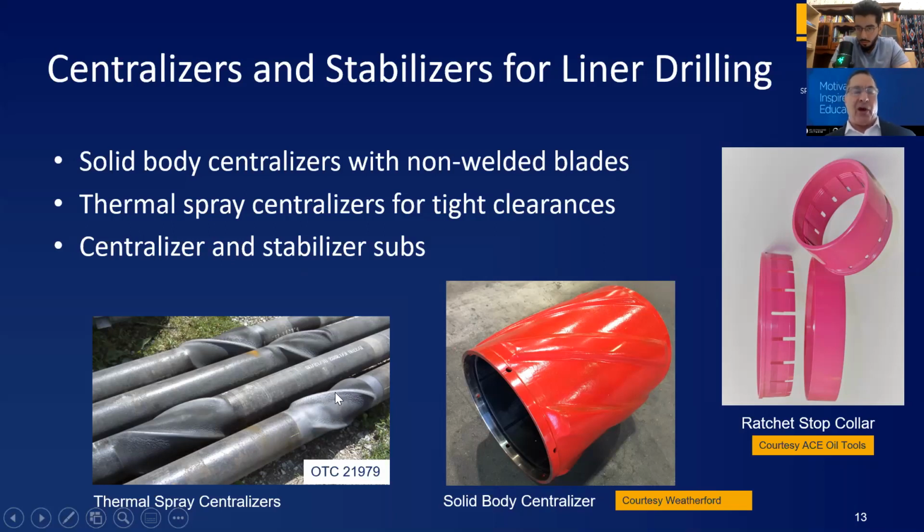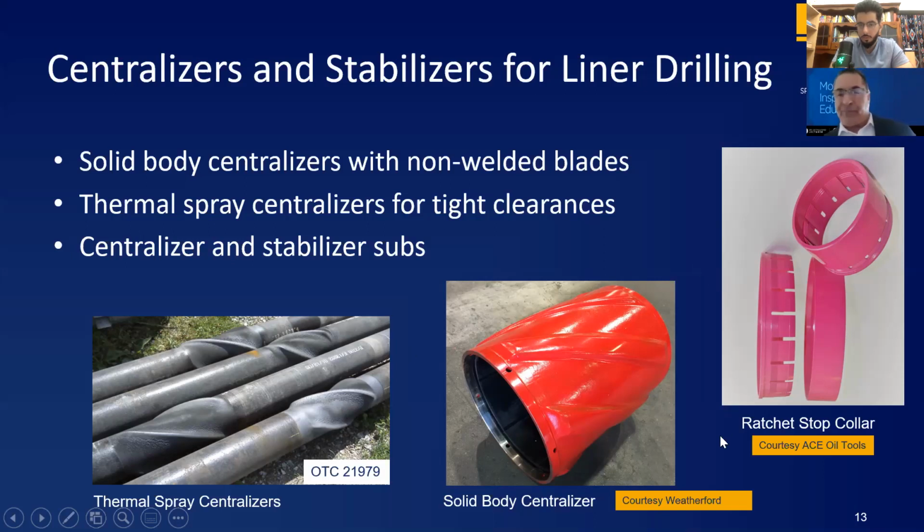The standoff is generated by the blade itself, so you have a lot more hydraulic bypass area here than you would in a centralizer with this design, which makes it ideal in tight tolerance situations, because you've got a lot of hydraulic bypass area, or junk slot area, as some people call it, for the cuttings to circulate through, so you minimize your chance for a pack-off event.